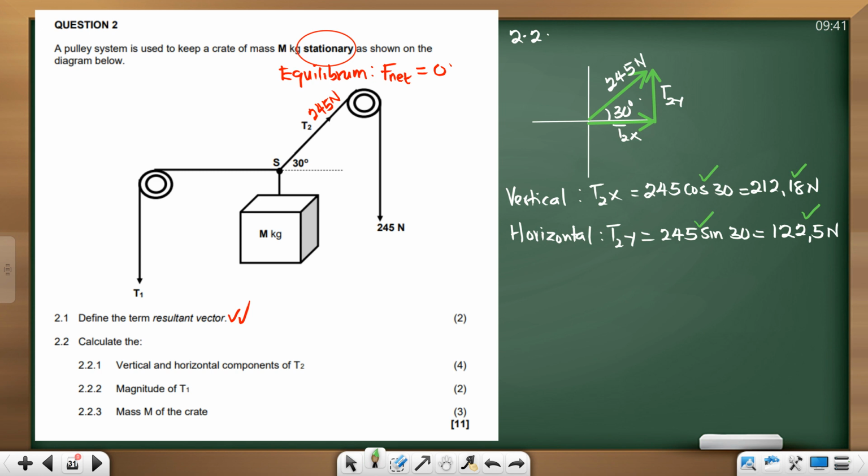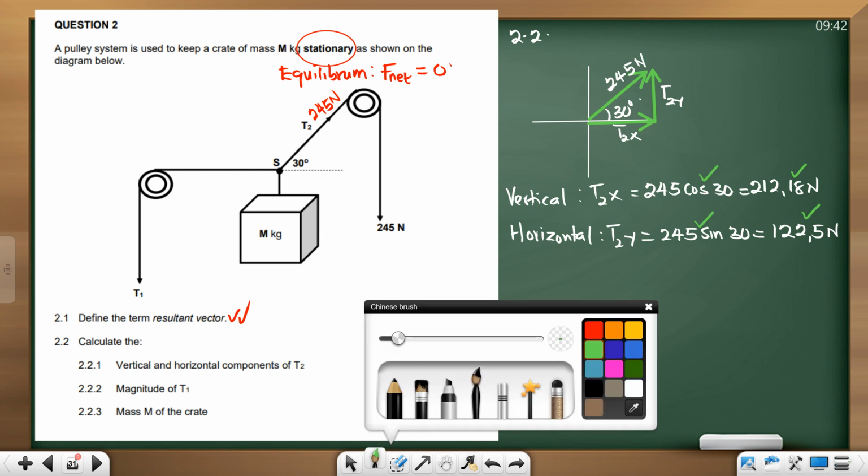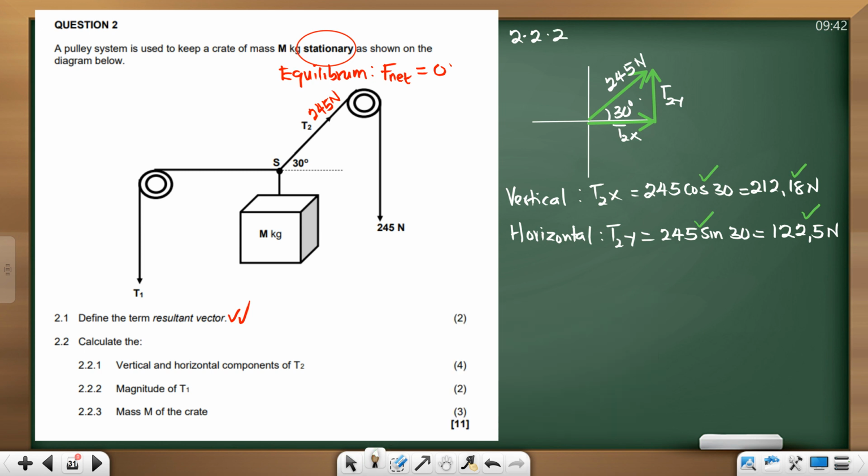All right. So we are done there. 2.2.1 done. Now, 2.2.2. What is the magnitude of T1? Wow, what is this examiner saying? Do you know we have nothing about T1?